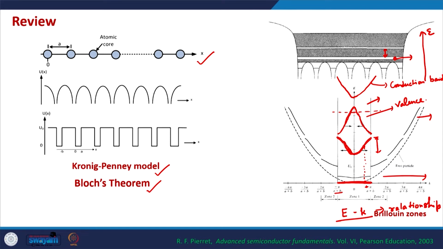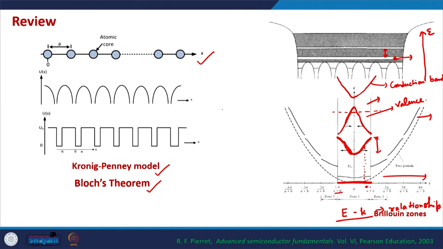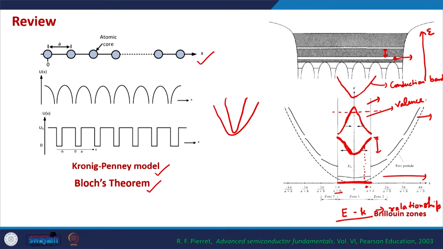This is generally how we define valence band and conduction band. The bands can be even more complicated. Sometimes there might be overlapping bands. We can have an E-K relationship in which two bands might be like this, which means that the E and K values which satisfy the Kronig-Penney constraint, or which give a valid Schrodinger equation solution, can give rise to E-K values which can have a plot like this.